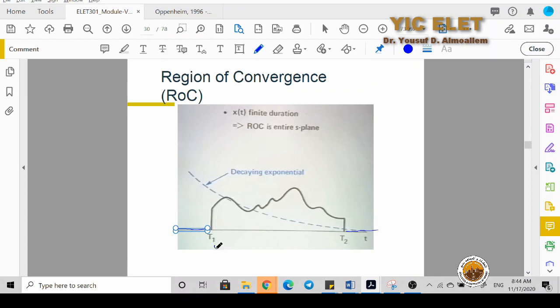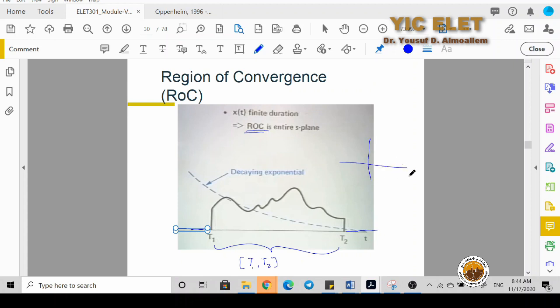It is defined only in the period from t1 to t2. Within this period it is defined, otherwise it is equal to 0. So this is a finite-duration signal. If you have this and you multiply it by a decaying exponential, and the function is defined, not going to infinity, between this duration, then the region of convergence will be the entire s-plane.